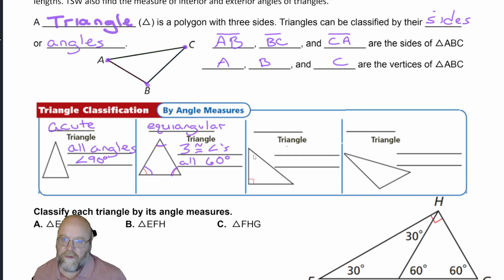Okay, now let's go over here. Looks like we have a right angle here, guys. We got a right angle. That makes a right triangle. That's probably one you knew already. A right triangle has one 90-degree angle. Okay, and let's say this is an obtuse angle.